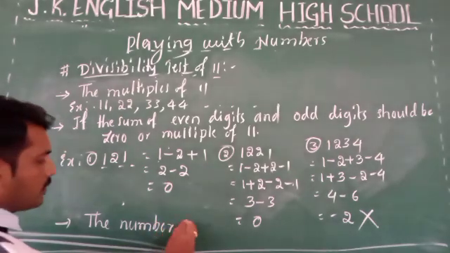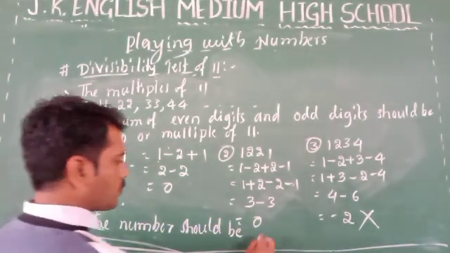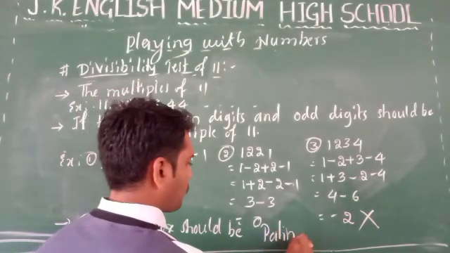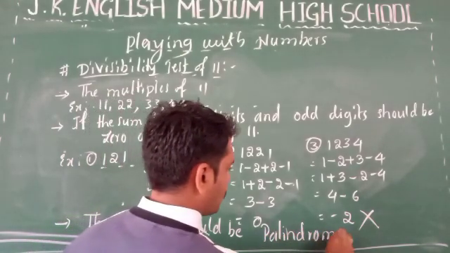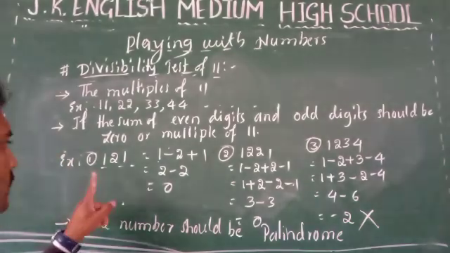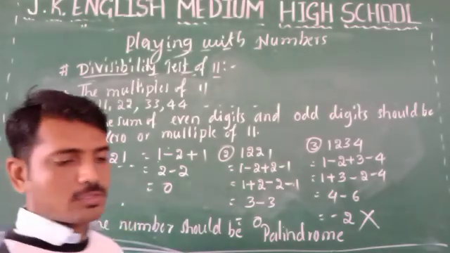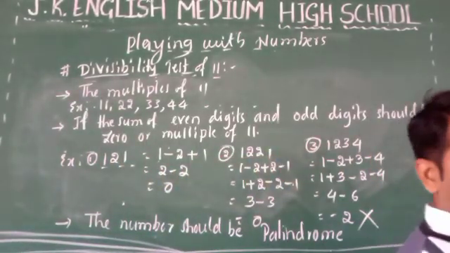The number should be palindrome. Palindrome is nothing but if you read the number first to the last or last to the first, the pronunciation should be same. Correct?